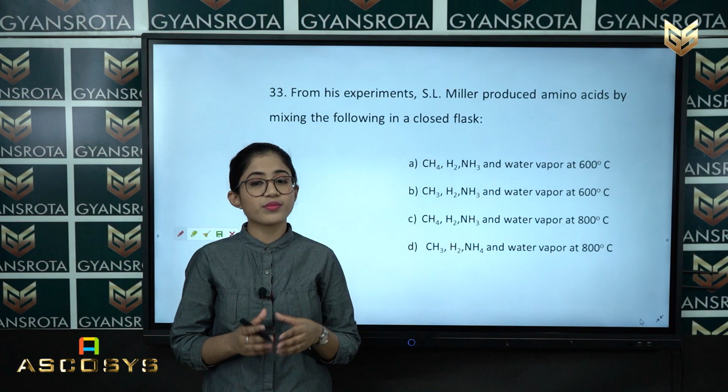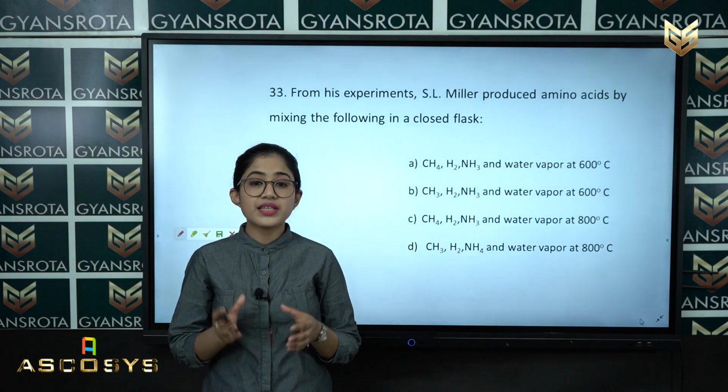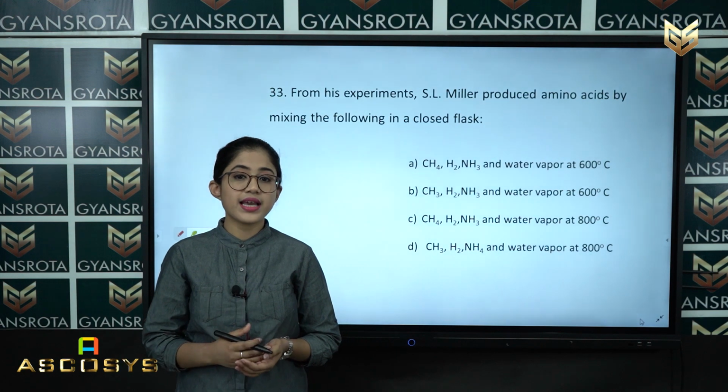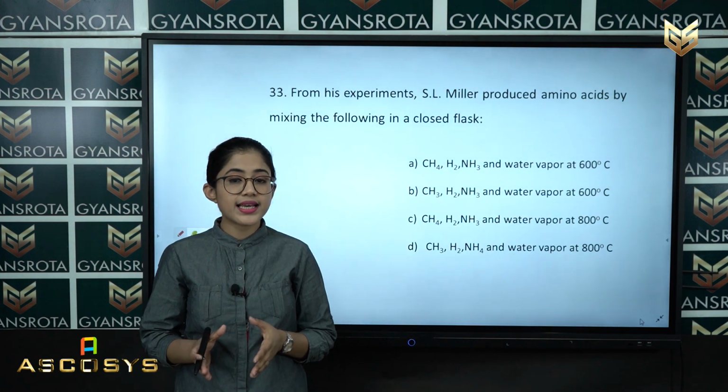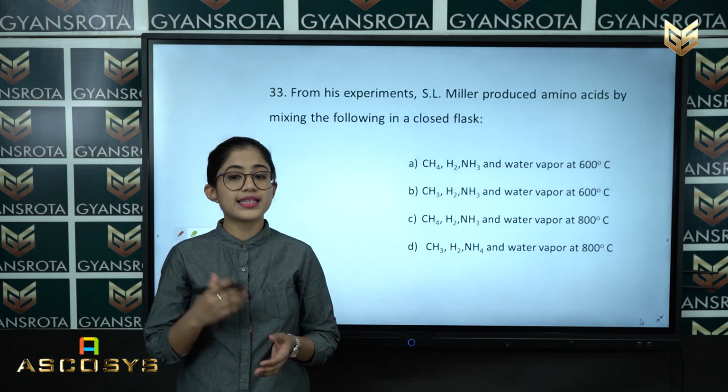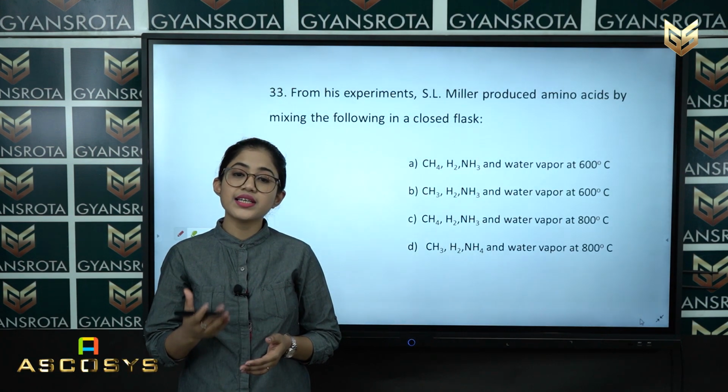So student, from the chapter evolution, we have discussed that S.L. Miller produced amino acids by mixing methane, hydrogen and ammonia in a closed flask at a temperature of 800 degrees Celsius.